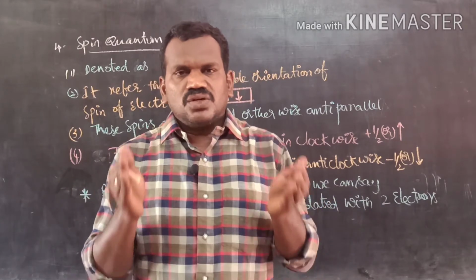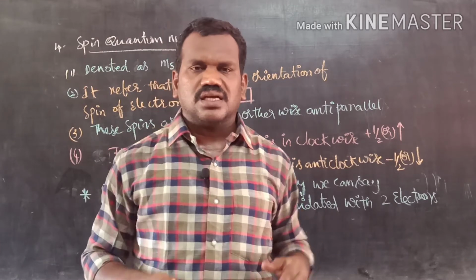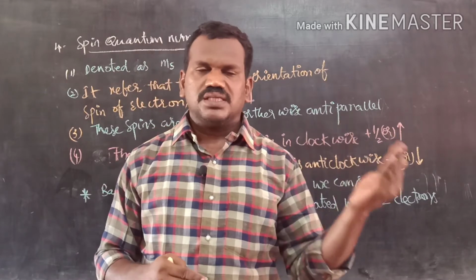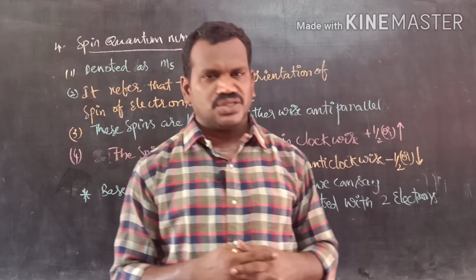Because of the opposite orientations, opposite magnetic charges arise. That is, if the electron is clockwise or anti-clockwise, one of them acts as a south pole and the other creates a north pole. Because of these opposite poles, they attract each other.